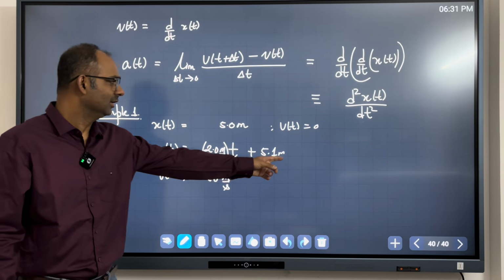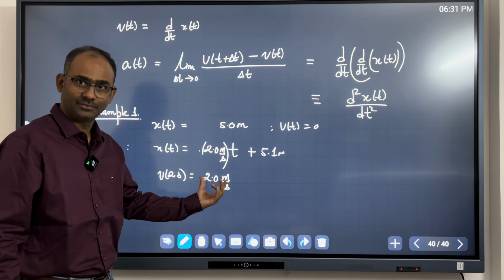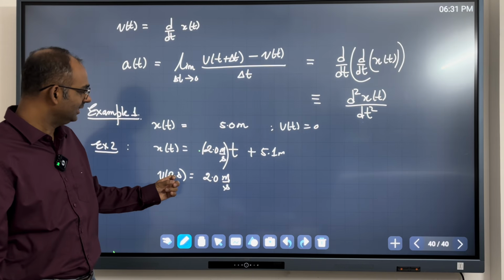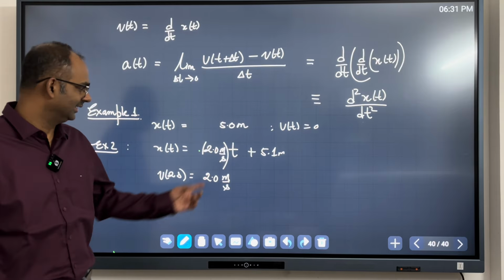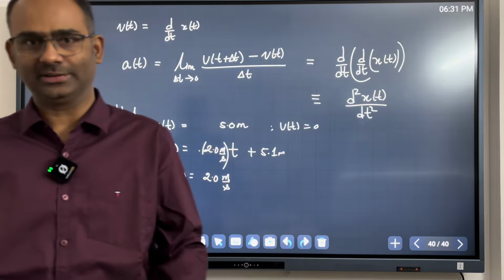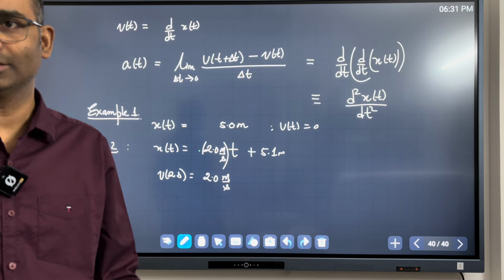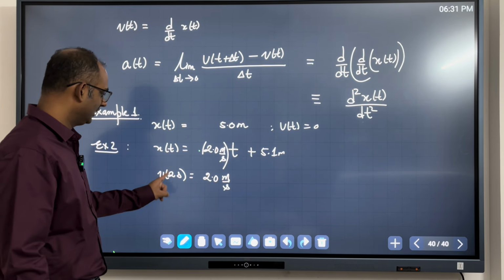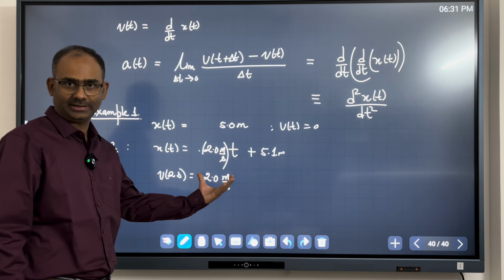Whatever numbers you put here does not matter, that number is going to come here. V of 2 seconds, even that is correct. V of t is this. It's a constant speed, right? So no matter at which time you calculate, you get the same answer. Speed at 2 seconds, 5 seconds, 10 seconds, any seconds is the same 2 meters per second.